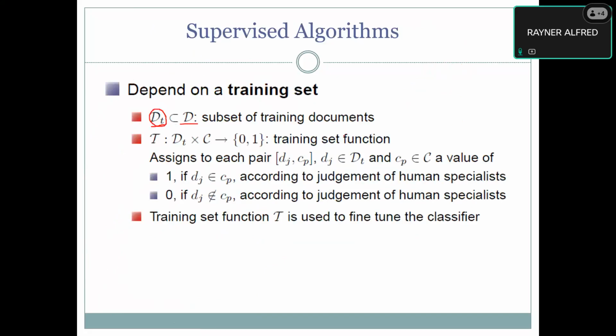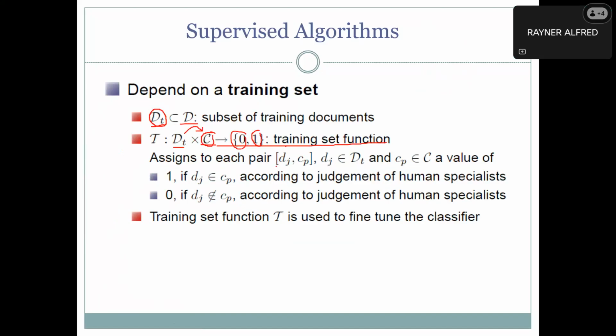So our task is to build the set function that will map your document to a class, where this class belongs to the full set of classes that we have. So we will map the document to the class. If they belong to the class, then we say the value is 1, otherwise 0.